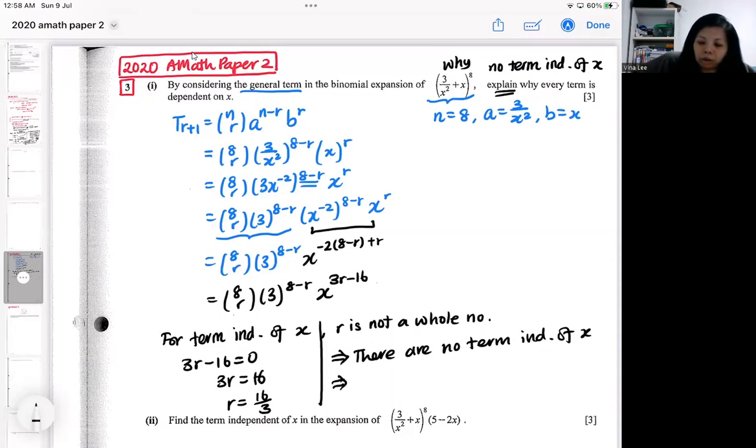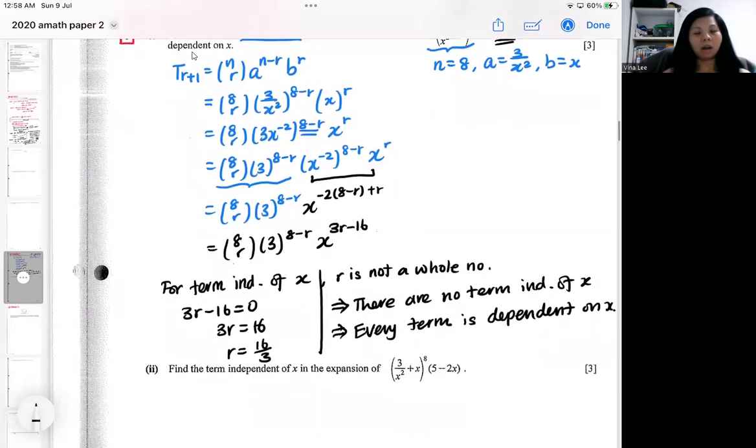So when I don't have a constant term, that means every term contains x. The meaning of every term containing x is that it's dependent on x. So they just phrase it in a more fanciful way. So that's how I explain. I use the idea of term independent of x. So think about constant. For a constant to happen, the power is 0.